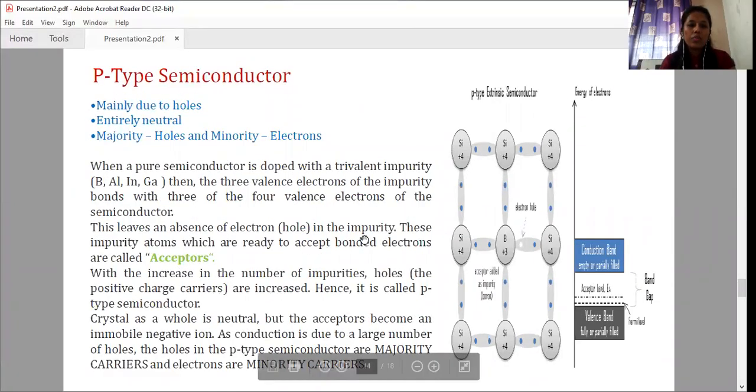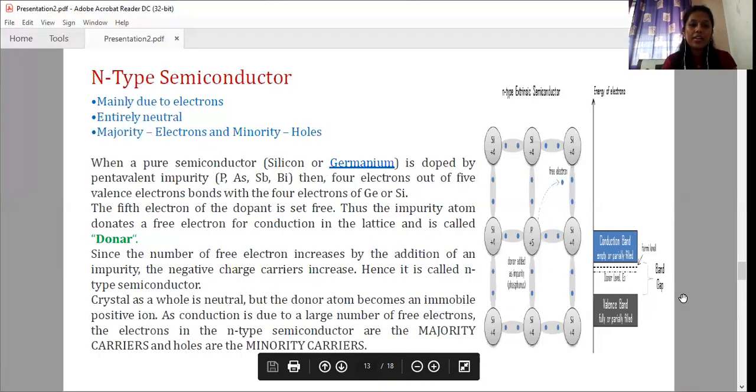These levels show an absence of electrons, or a hole, in the impurity. These impurity atoms are ready to accept a bond, so in the p-type it is called an acceptor, and in the n-type semiconductor it is called a donor.